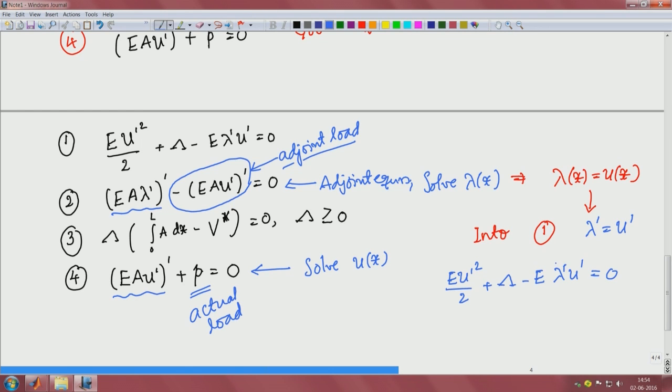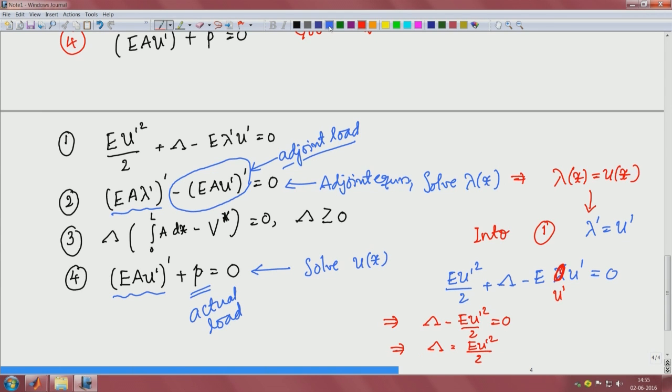So, let us replace this lambda prime with u prime. Then we get u prime square here. Here we have u prime square by 2, here u prime square. Overall what we get now will be lambda minus E u prime square by 2 is equal to 0, or lambda is equal to E u prime square by 2.